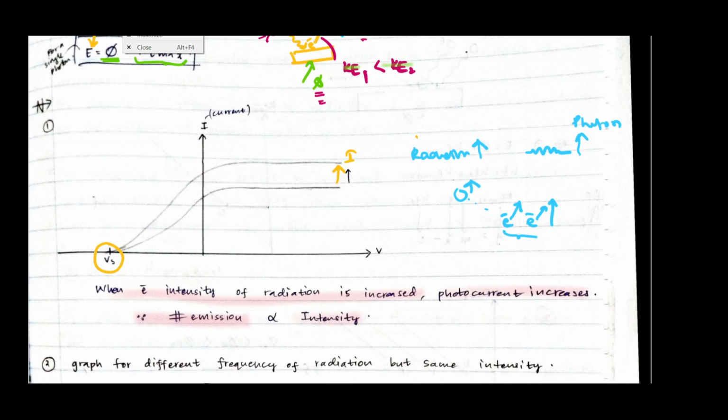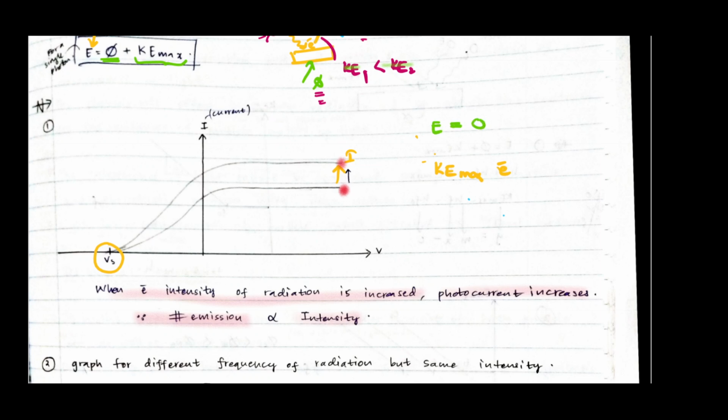But does it make a change to the stopping voltage? Let's look at it. We know that stopping voltage depends on the maximum kinetic energy of electrons. Here and here we use the same light. Therefore, the energy of a single photon E is equal to the work function plus maximum kinetic energy.